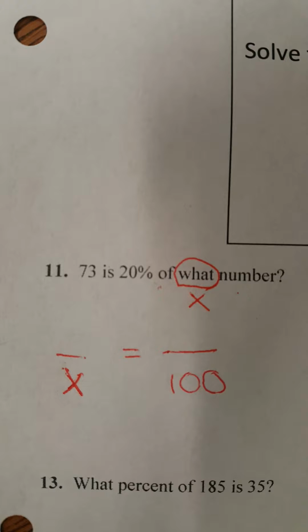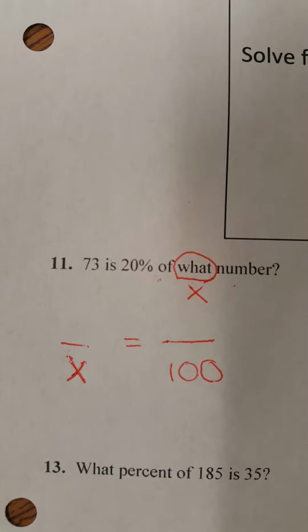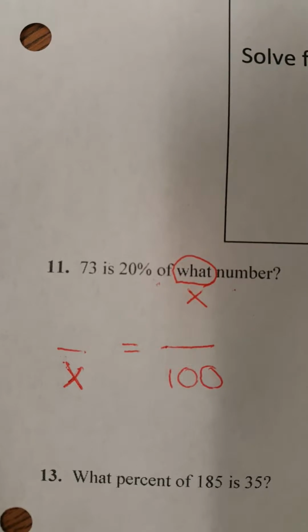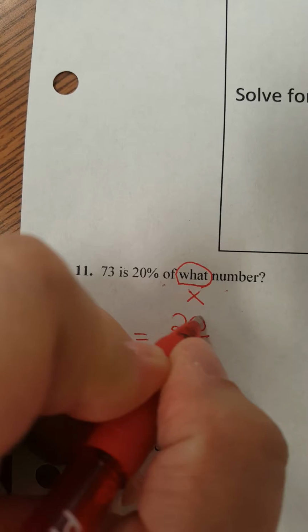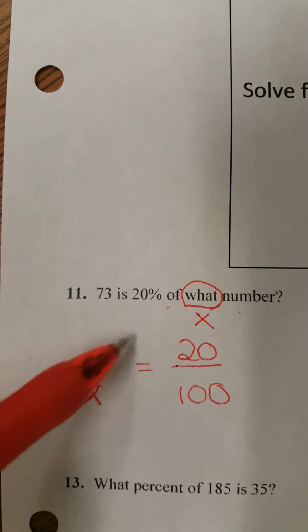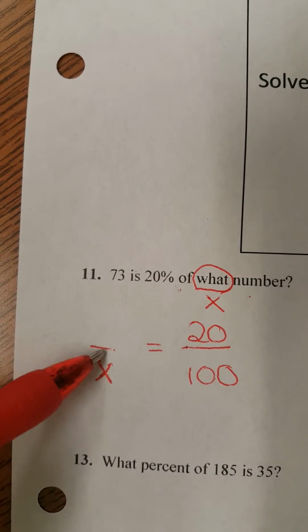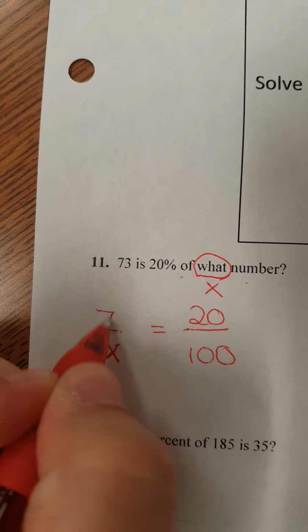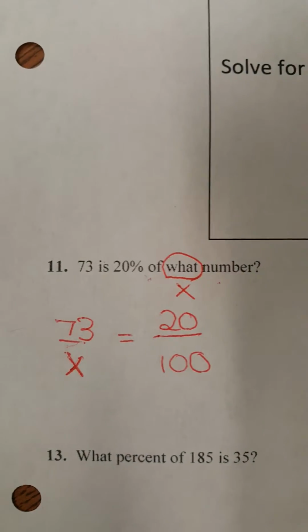And then I can decide where 73 and 20% goes. I know that my percentage always goes above 100. So I'm going to put 20 there. 73 is, so 73 goes in the is location. Now from here, this is just a regular proportion.